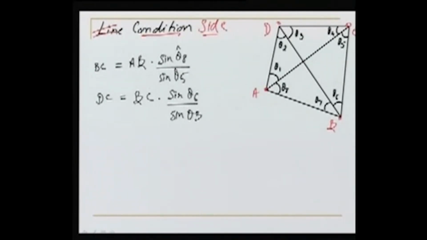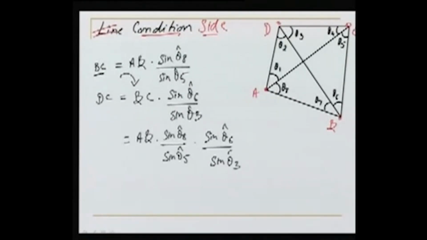Well, I replace BC over here, so I get AB sine theta 8, of course hat everywhere, divided by sine theta 5 hat, times sine theta 6 hat divided by sine theta 3 hat.